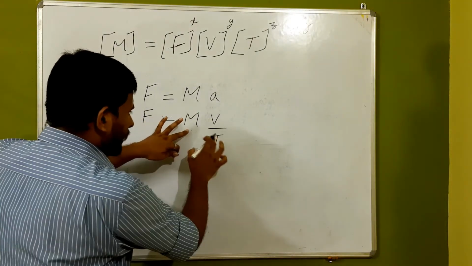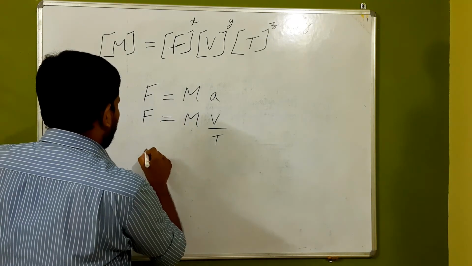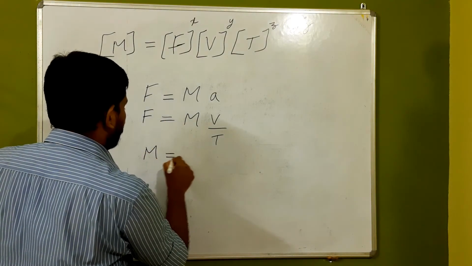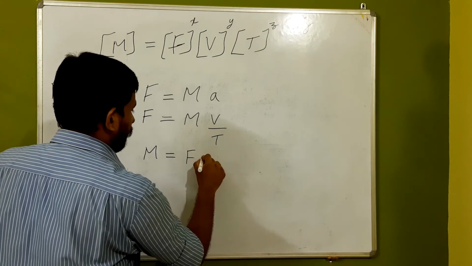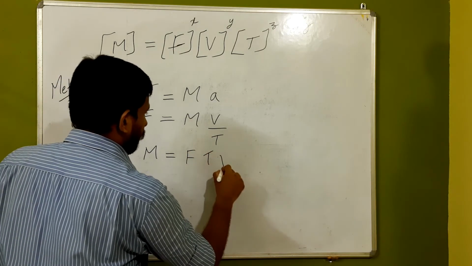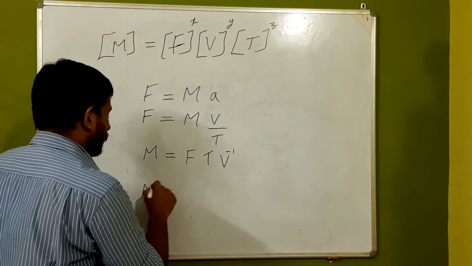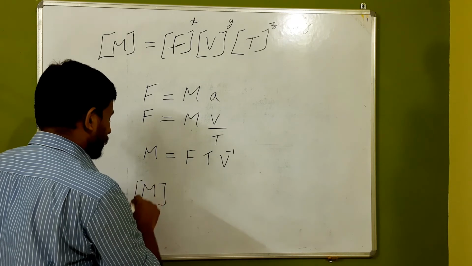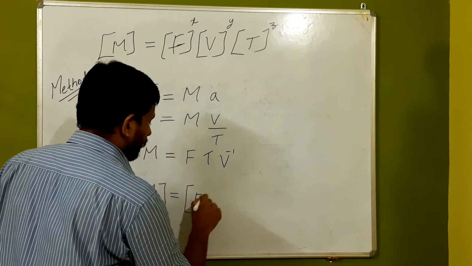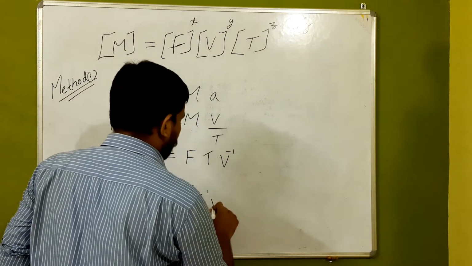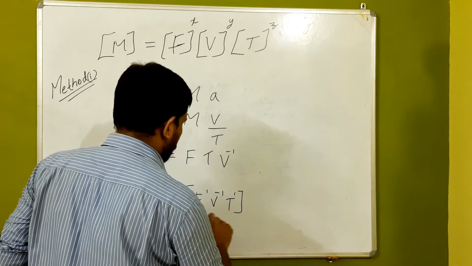Keeping mass here and bringing these terms here, we will get mass is equal to F T V raised to minus 1. Or in other words, dimension of mass is equal to F raised to 1, V raised to minus 1 and T raised to 1. Here is the answer.